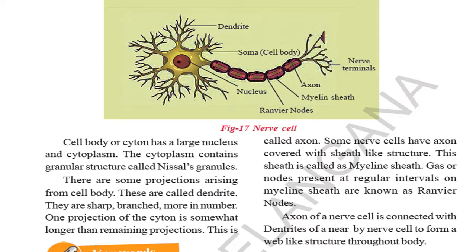See in the labelings. Draw it properly, color it, label it and send me today itself. Axon of a nerve cell is connected with dendrites of a nearby nerve cell to form a web-like structure throughout the body.